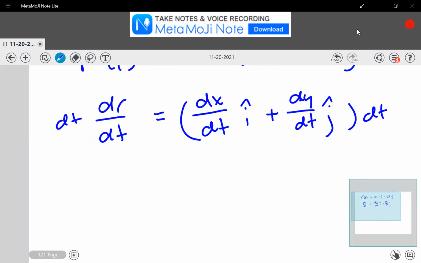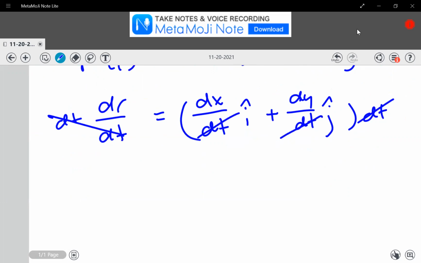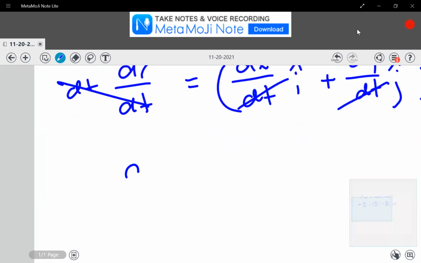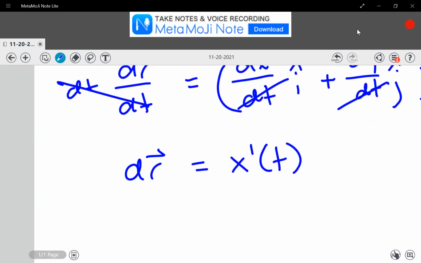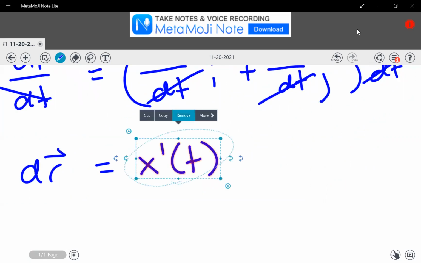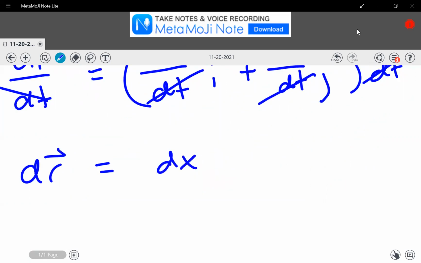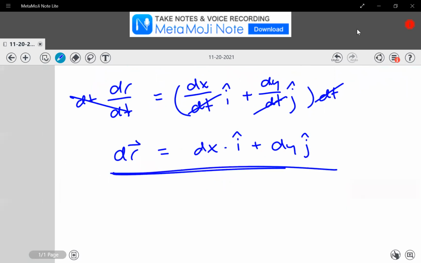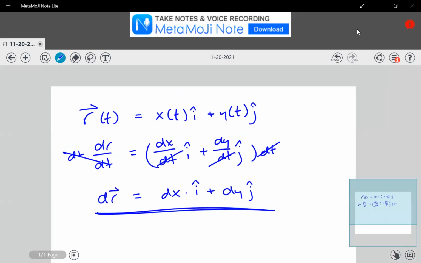And I'm just doing a derivation here. It's okay if this doesn't make sense to you, but go ahead and cross out these dt's. And we get that dr is equal to dx times i hat plus dy times j hat. And this is essentially the formula you need to follow.